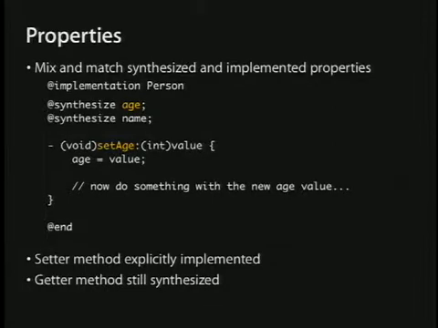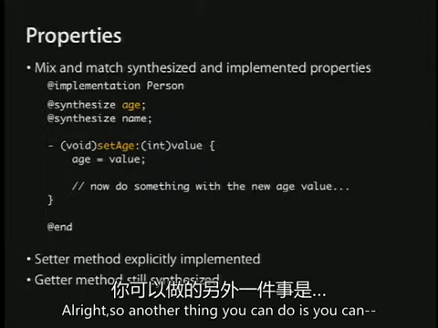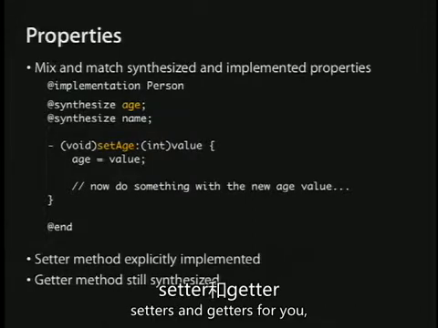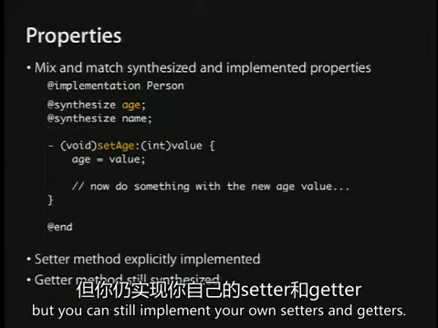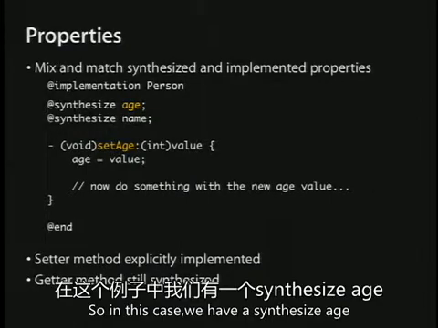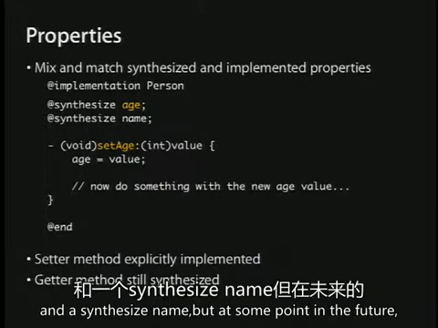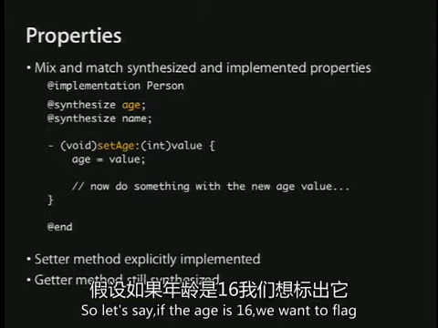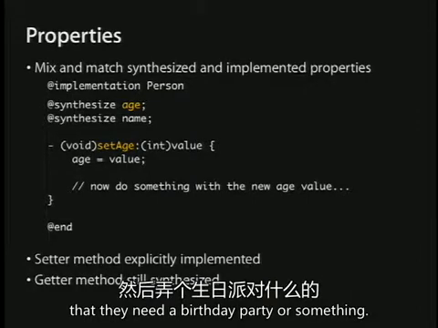Another thing you can do is, the synthesizer will generate setters and getters for you, but you can still implement your own setters and getters. So in this case, we have a synthesize age and a synthesize name. But at some point in the future, we decide that we need to do something a little more complex with the age. Let's say if the age is 16, we want to flag that they need a birthday party or something.